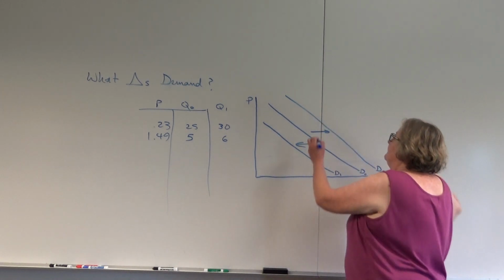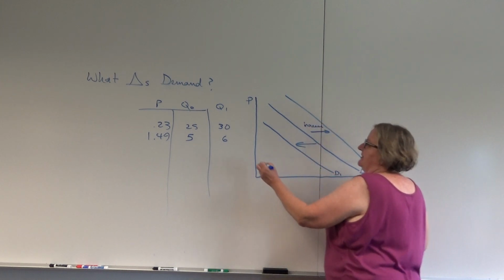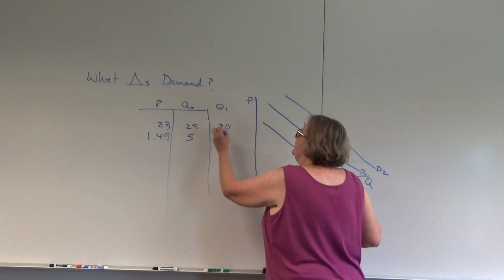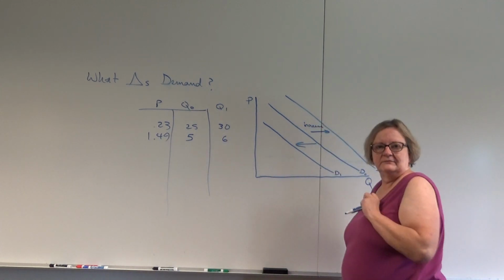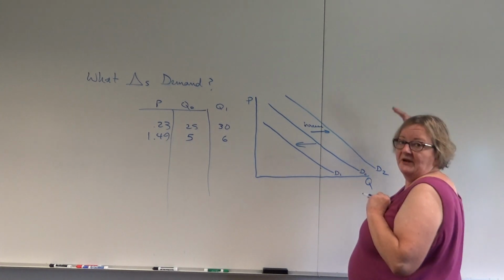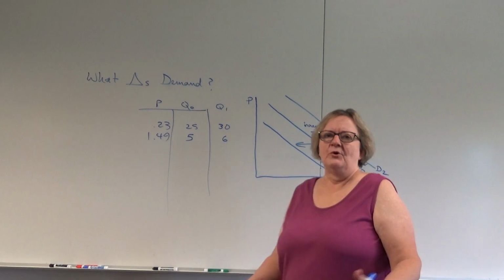And in this case, this would be an increase, because at all prices, the quantities are higher. So we're going to buy more at every price, like a fad. Or like diapers when there are a whole bunch of babies born.